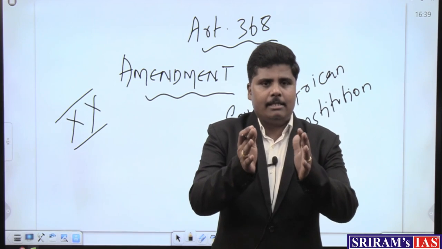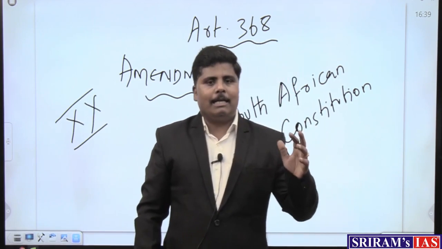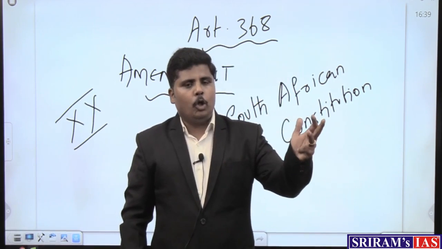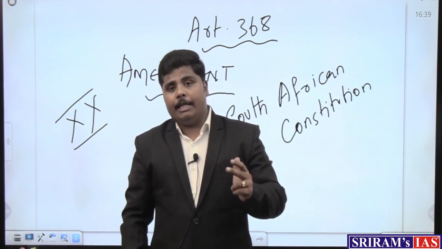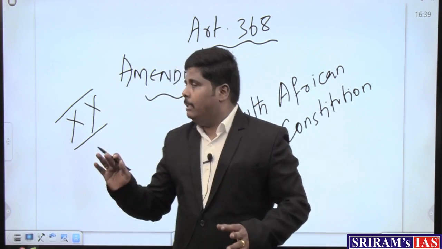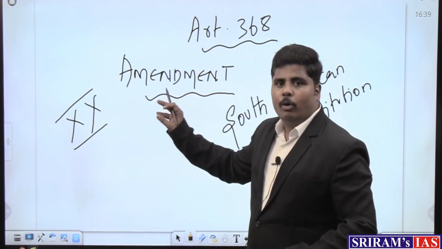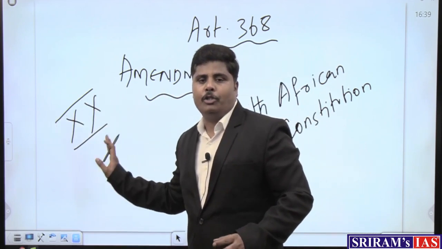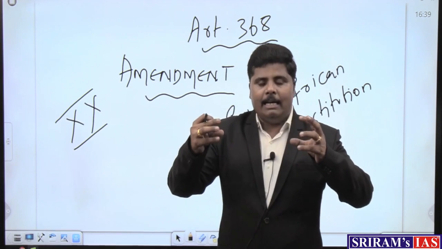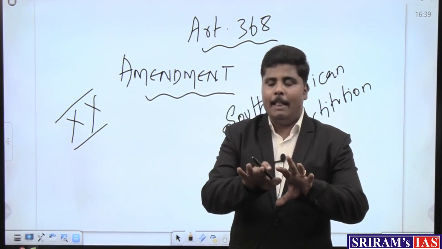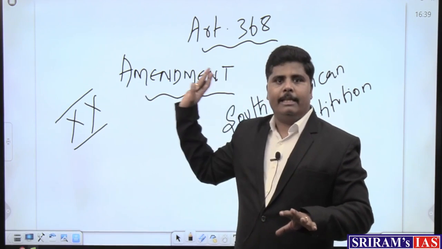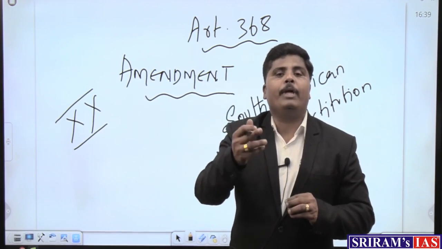So, three things we have to remember. One is article 368, number 2, it has been borrowed from the South African constitution, and number 3, most importantly, this amendment is found in part 20 of the constitution of India. Let these three be the preliminary facts for you to learn by heart, so that any questions based on this in the examination, we can address very comfortably.